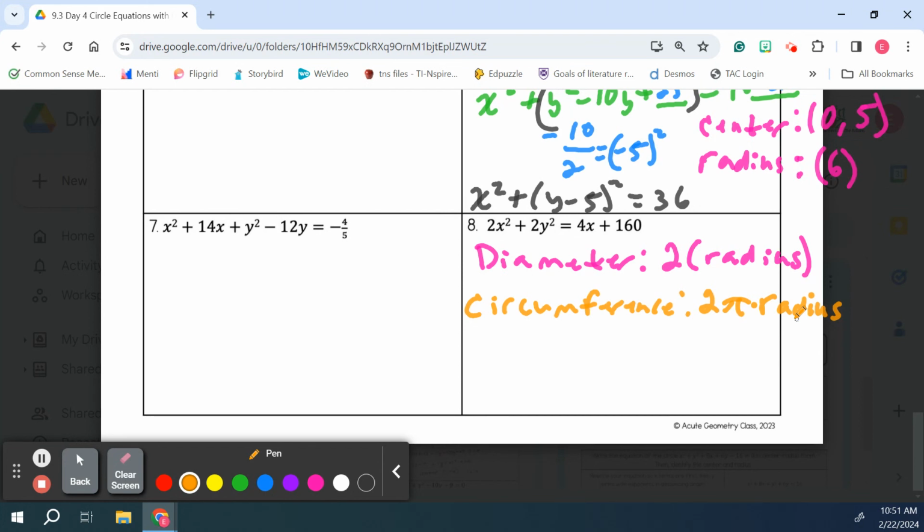You don't simplify. And the last thing you're going to need is finding the area of a circle. And the same thing here. It's pi times the radius squared. So just square the radius and put on pi, and you have everything you need.